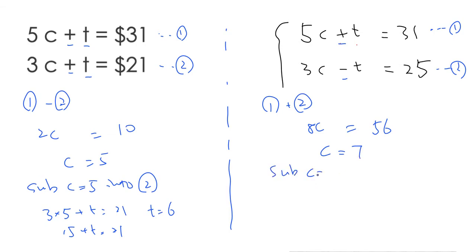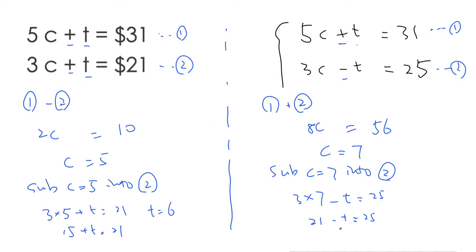Now we're going to sub c equals 7 back into any of these 2 equations. Let's use the second one, because that tends to be smaller, but both are okay. So 3c is 3 times 7, minus t, equals 25. So 21 minus t equals 25.